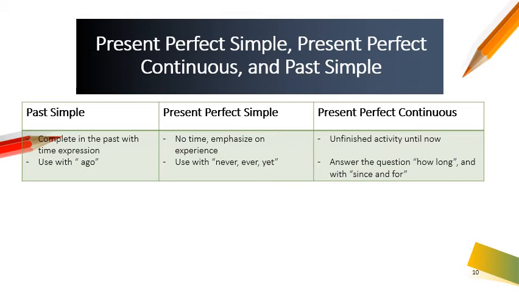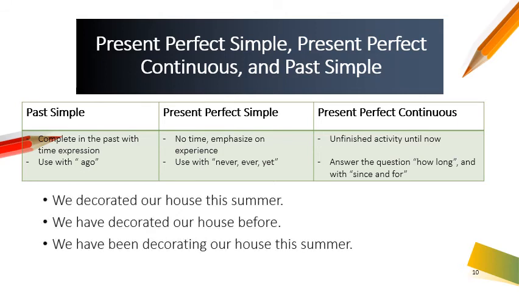For present perfect continuous tense, we use it to express an unfinished activity until now. Even though it happened in the past, it hasn't finished yet up to now. And normally we use it to answer the question how long, and answer with since or for.